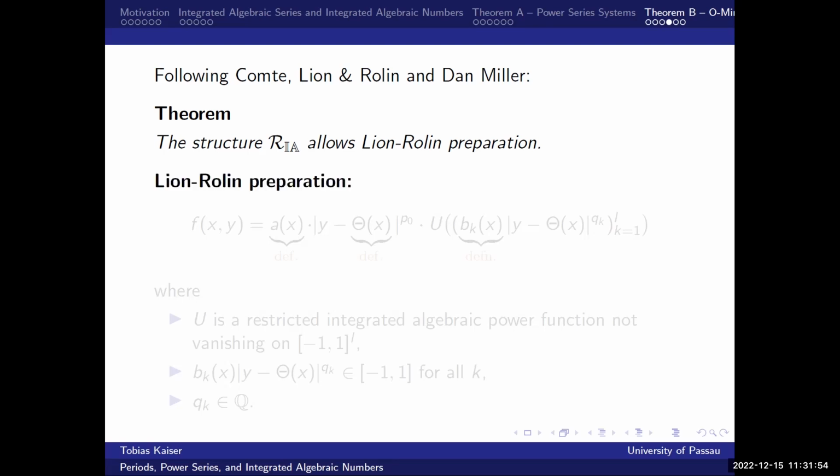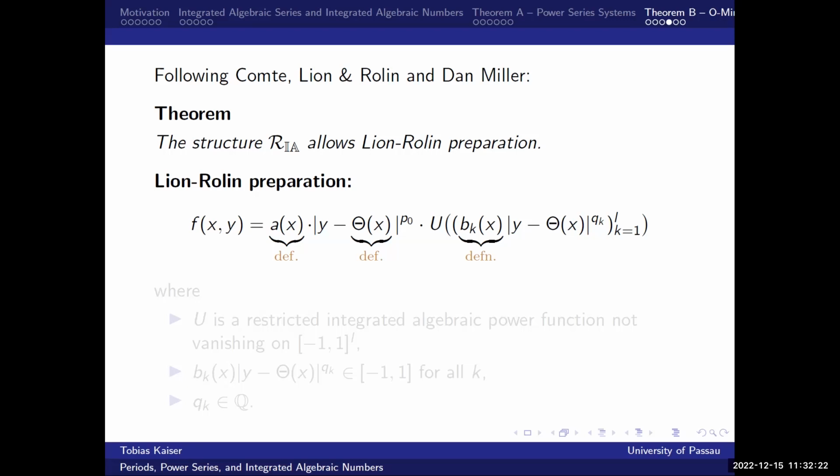What is Lion-Rolin preparation? We have a function in variables x and a singular variable y, and piecewise I can prepare my function with respect to the y variable. How does it look?